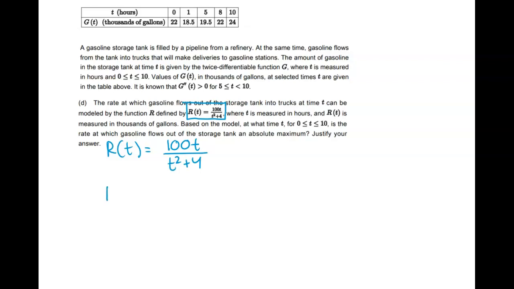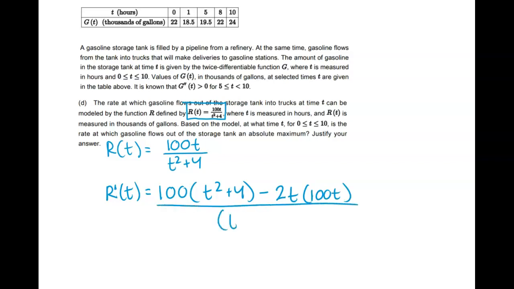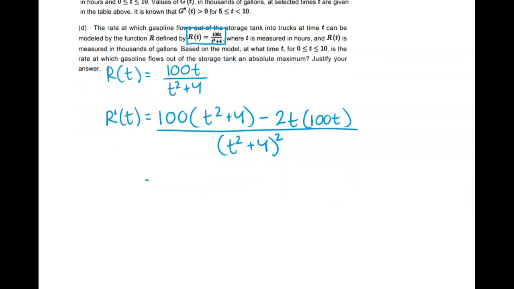We need to take the derivative. R prime of T, use some quotient rule, derivative of the numerator is 100, times t squared plus 4, minus derivative of the denominator is 2t times the top, which is 100t, all over the denominator squared, t squared plus 4 squared. And now it's really just simplifying.